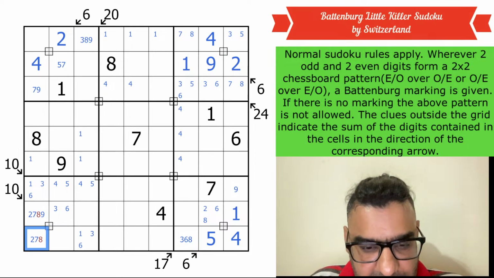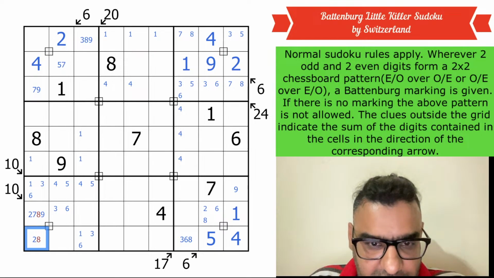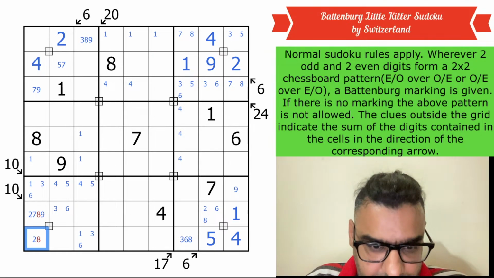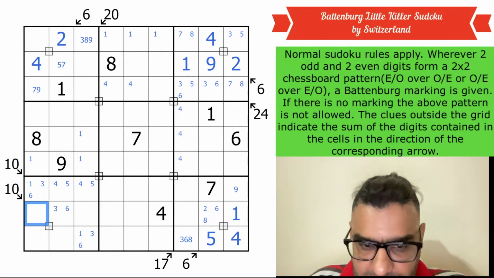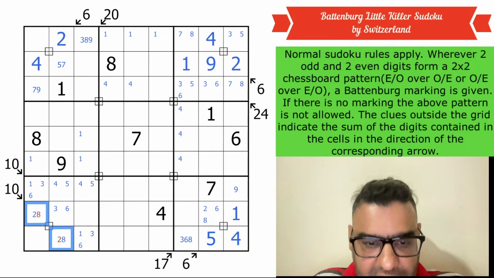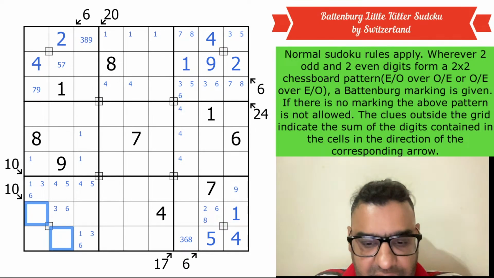Then 8 and 7, there is no combination, so 7 cannot be there. It would always be 8 and 2.